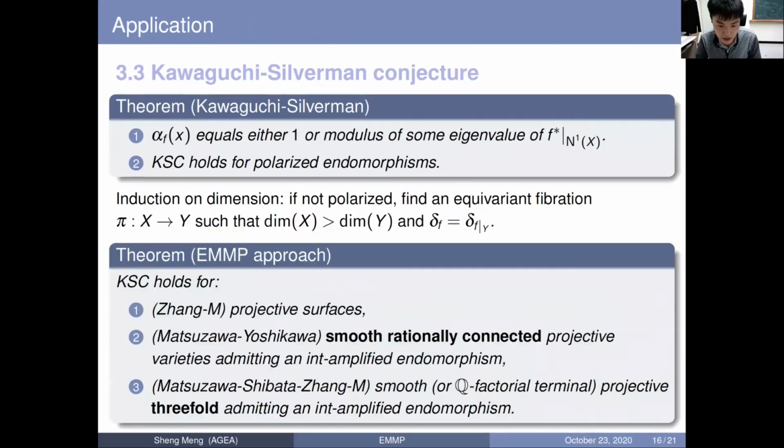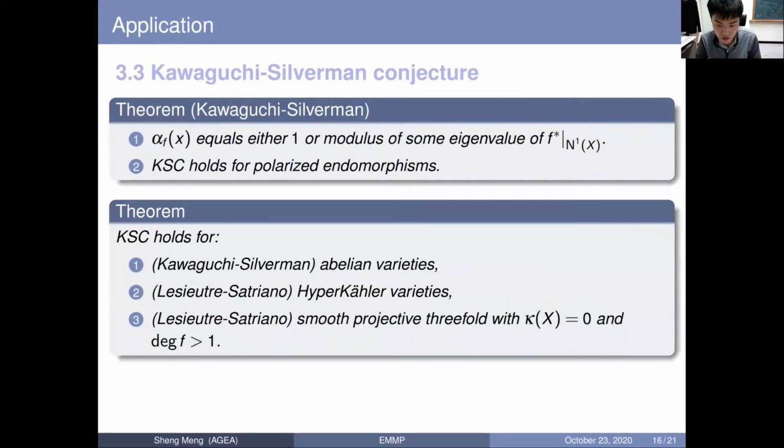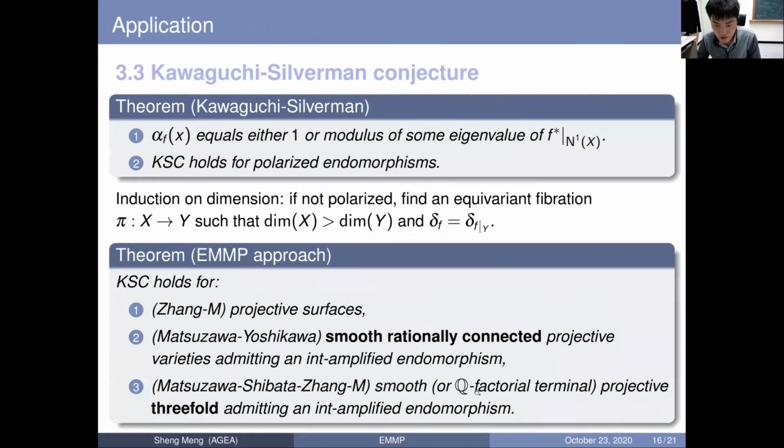But they cannot reduce to Q-factorial terminal. But if you want, maybe I'm not very sure, maybe you can remove this smooth condition by the algebraic fundamental group being finite. So meaning that the EMMP ends up with a point, then maybe it is okay. But I'm not so sure.